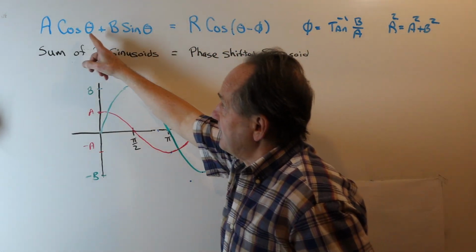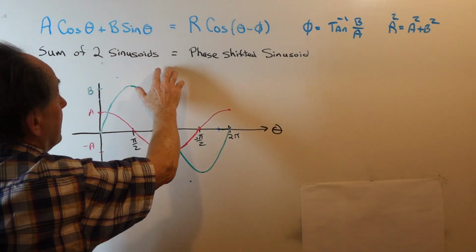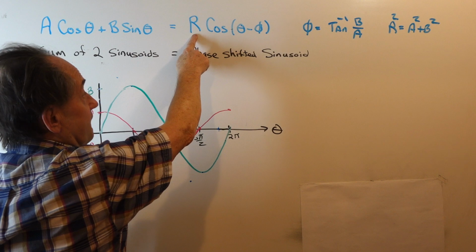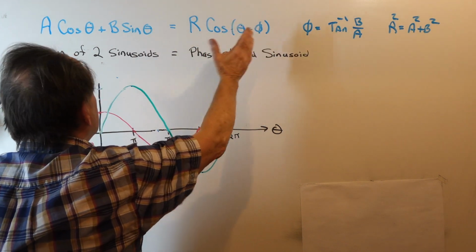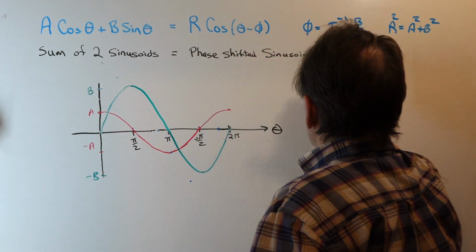Now when we add two sinusoids of the same frequency together, we get a phase-shifted sinusoid of a modified amplitude that is shifted in phase with respect to the origin.